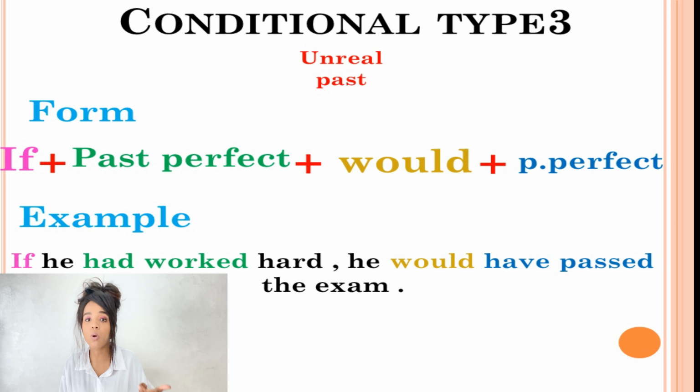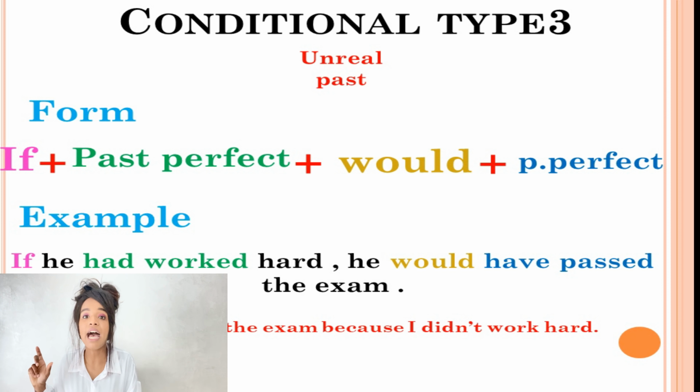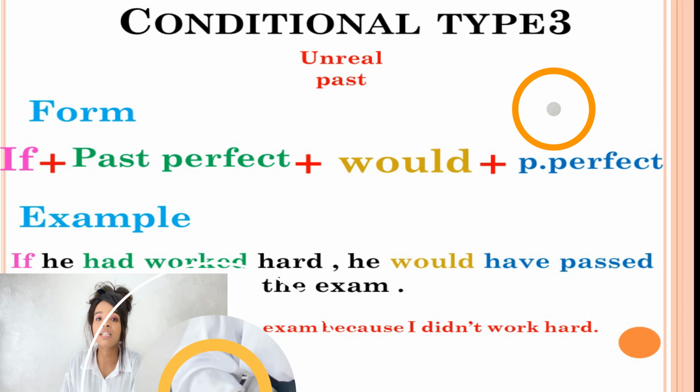So if I had worked, "had worked" is the past perfect. I would have passed the exam. I would have passed: would plus the present perfect, that is have plus the past participle of the verb. So this is the third conditional, type number 3.